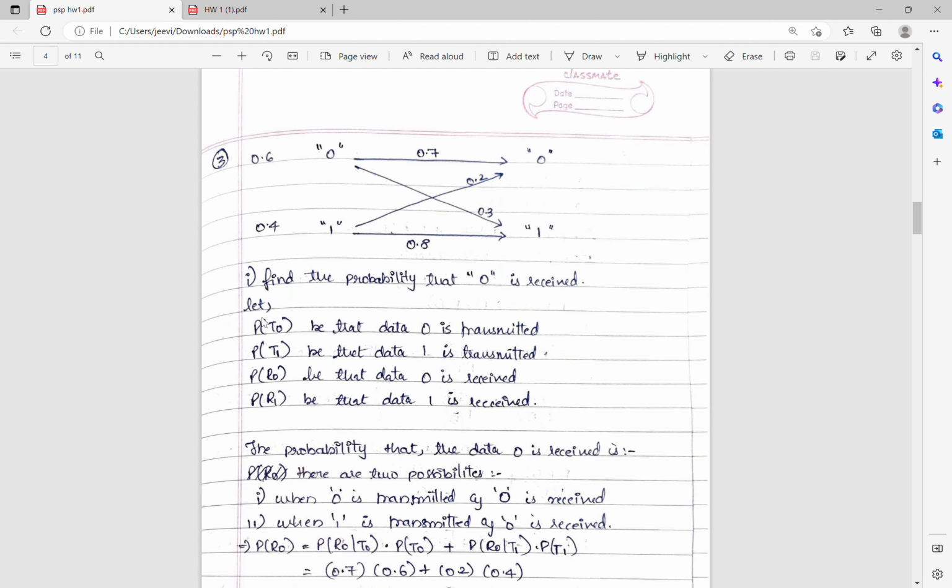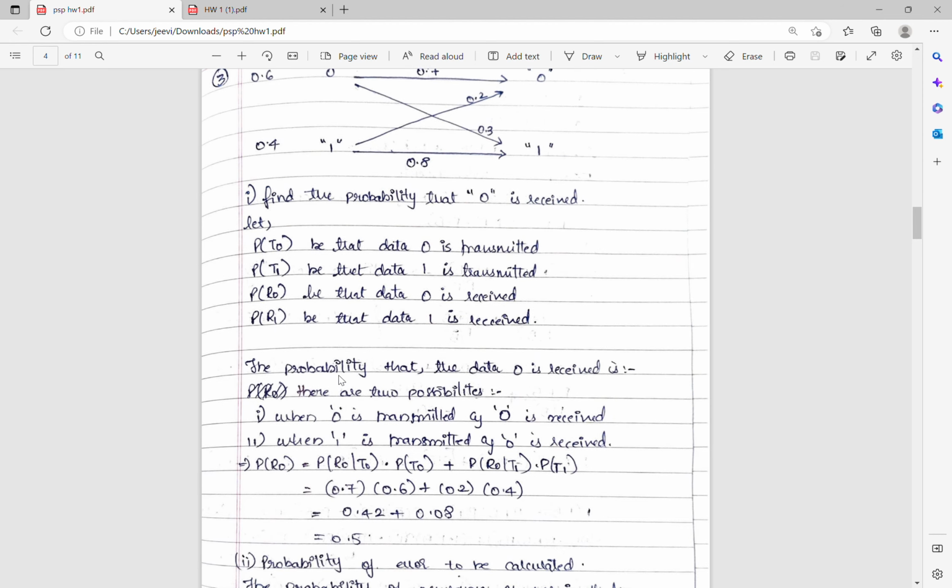Let's consider the possible probabilities: let P of T0 be the probability of transmitting signal 0, P of T1 the probability of transmitting signal 1, P of R0 the probability of receiving a data 0, and P of R1 the probability of receiving a data signal 1.